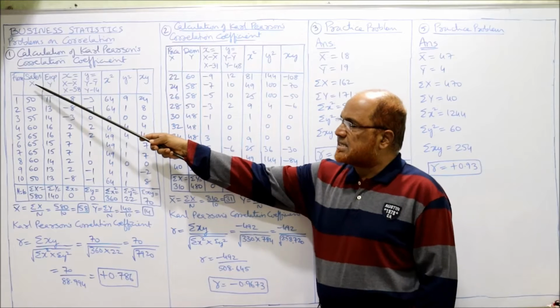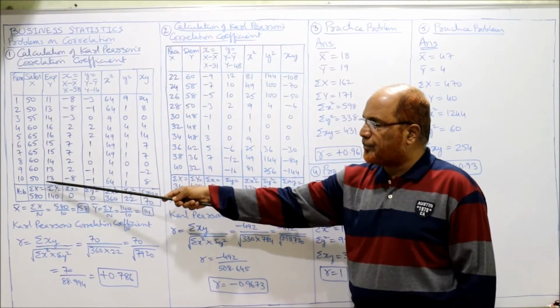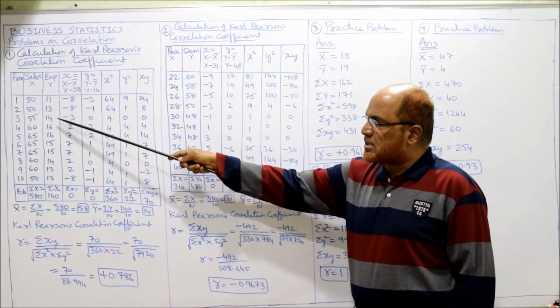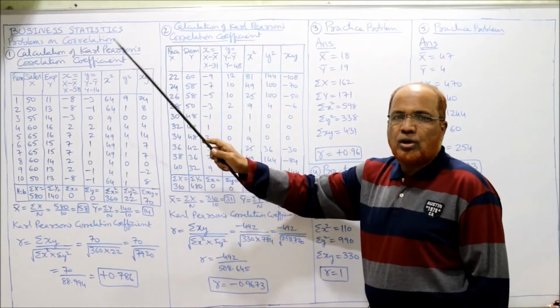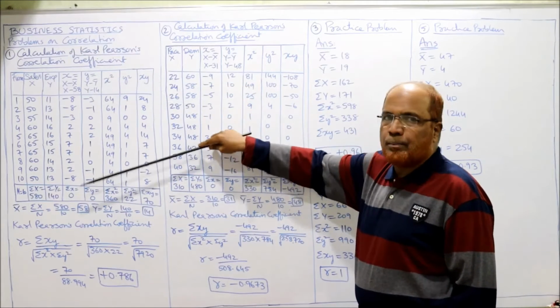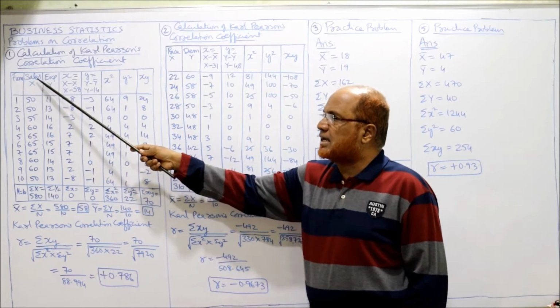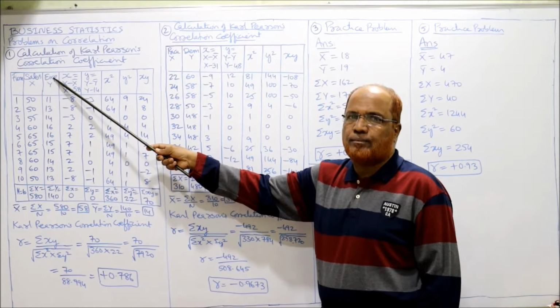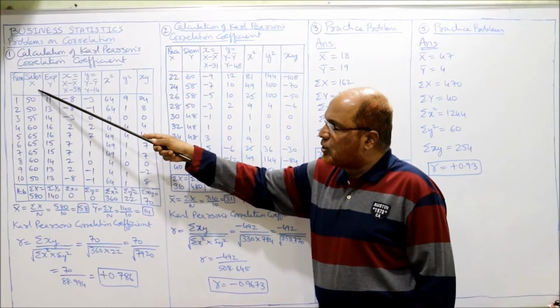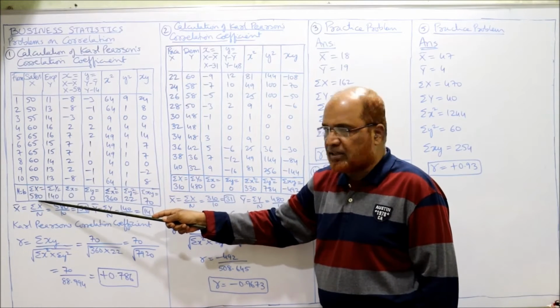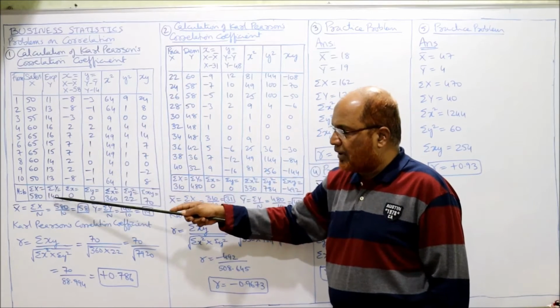Second column, sales, X, given in the problem. Third column, expenses, Y. First of all, don't make all the columns in the beginning itself. First make the columns of firm, sales X and expenses Y, and get the totals. The total of X is 580 and the total of Y is 140.